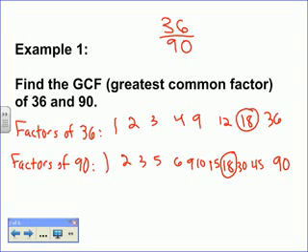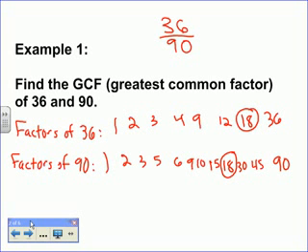If I gave you a fraction 36/90ths, what would be the fastest way to reduce that fraction to put it in lowest terms?